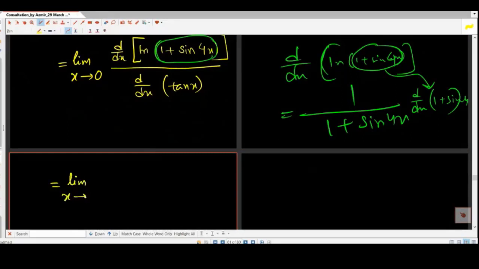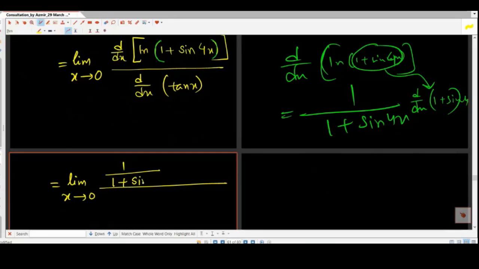So limit x tends to 0, differentiation of natural log of 1 plus sine 4x by using chain rule. We can write 1 over 1 plus sine 4x and differentiation of 1 plus sine 4x again.